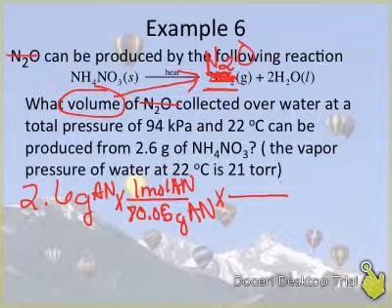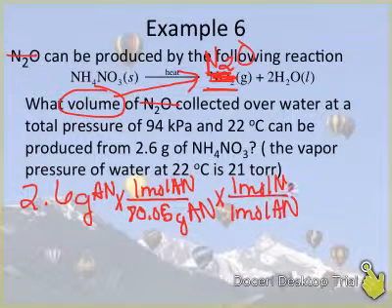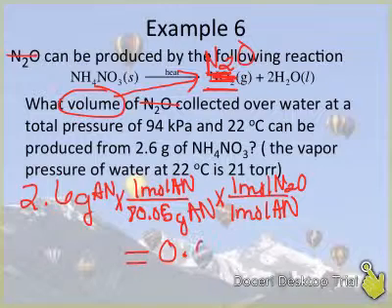So 1 mole of ammonium nitrate is equal to 1 mole of N2O, which makes our math a little bit easier, but you still have to write it down, right? Which is going to give us a mole value of 0.0325 moles of N2O.